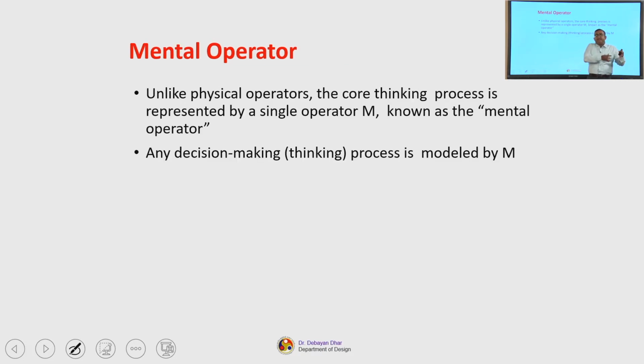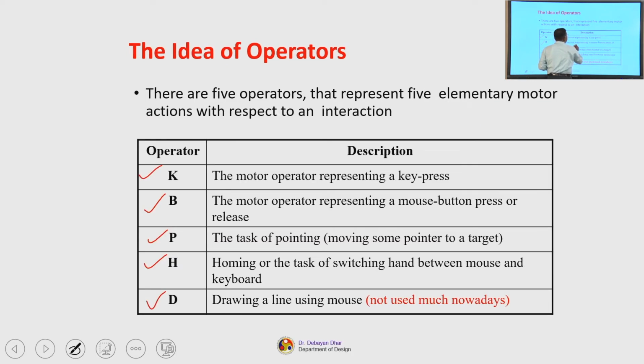So, unlike these physical operators, the core thinking process is represented by the operator M, which is called the mental operator. Until now, what we have discussed are all physical operators.